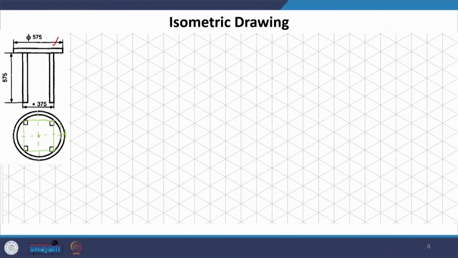So, I am just marking the axis. If we look at this, this is the bottom point of the axis and this is the top point of the axis. Okay. So, say O, O dash. I will first draw this O, O dash. So, this is the axis that we are taking. Now, we will draw the top 2 circles first.